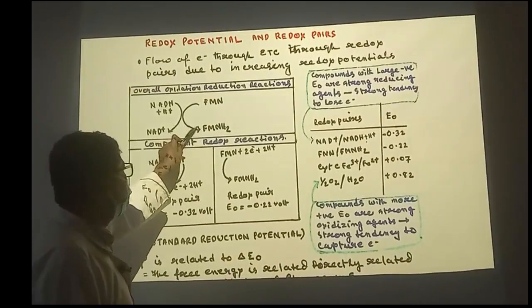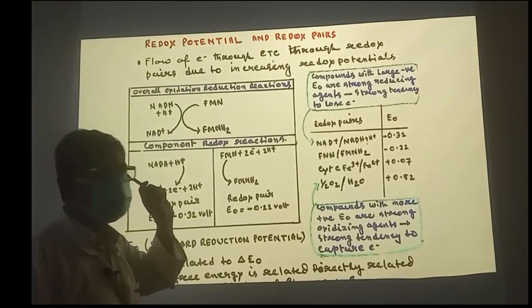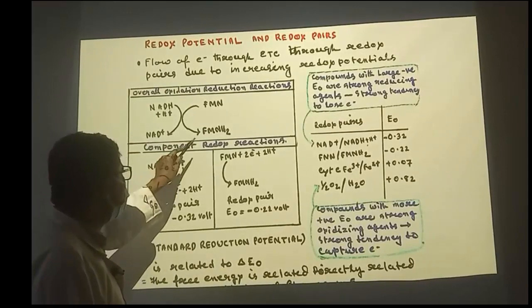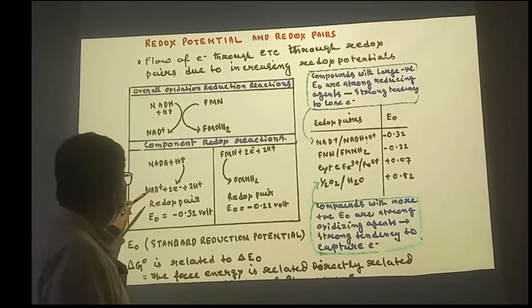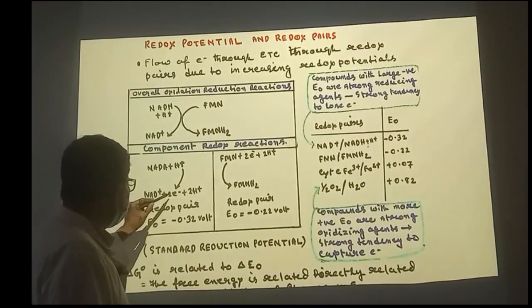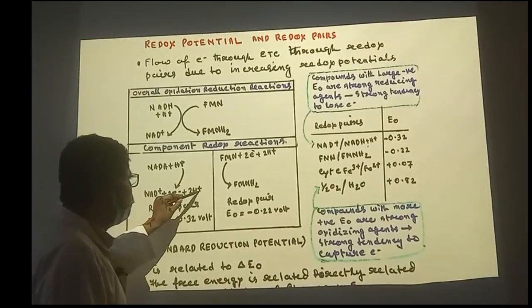So two reactions are coupled here. If you break these two reactions, you will find NADH plus H plus is converted to NAD plus, 2 electrons and 2 protons.